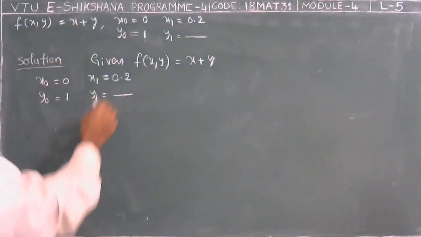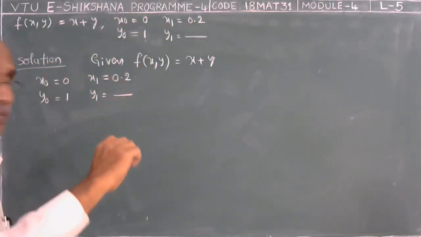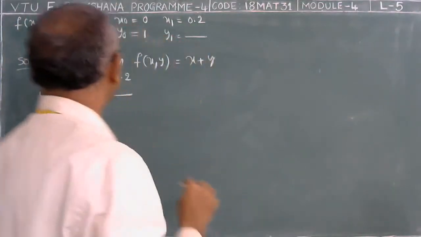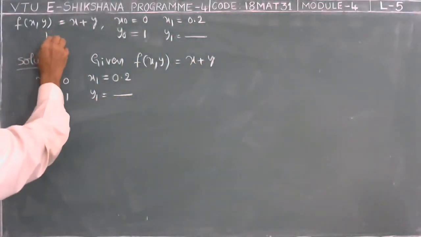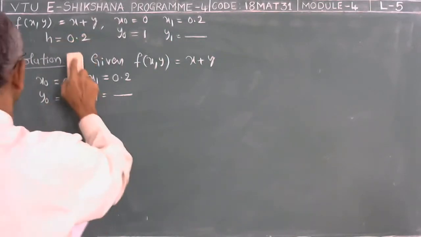And you can easily see h is 0.2 minus 0. x1 minus x naught or x2 minus x1 is your h. So h is 0.2.